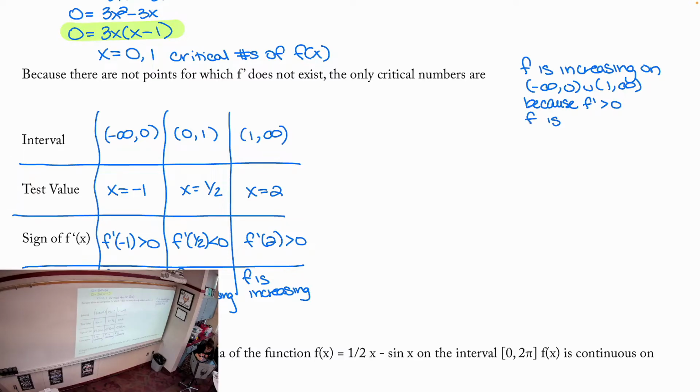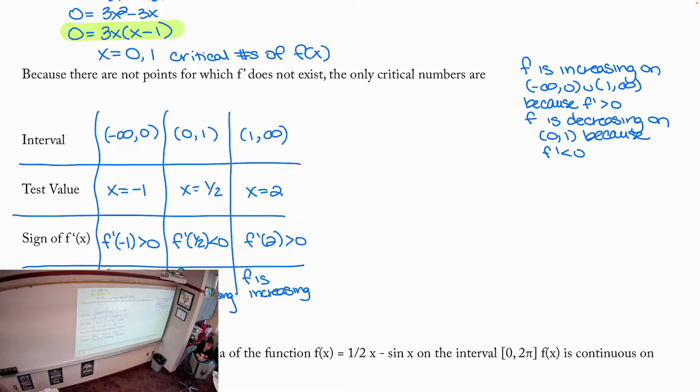F is decreasing on the interval from 0 to 1 because f prime is less than 0.